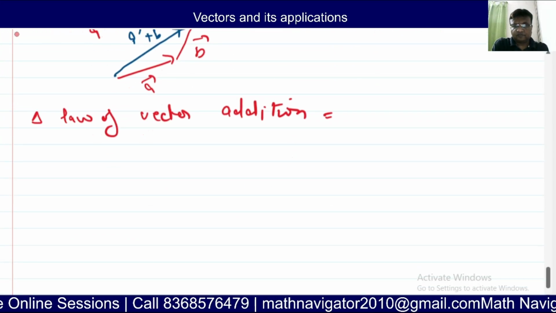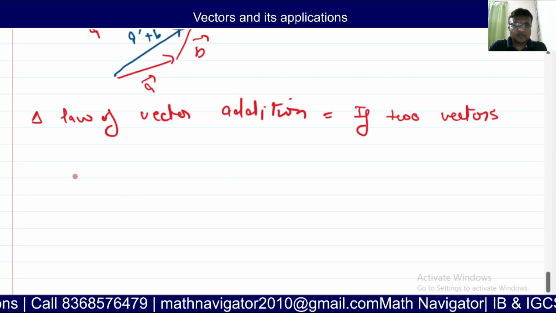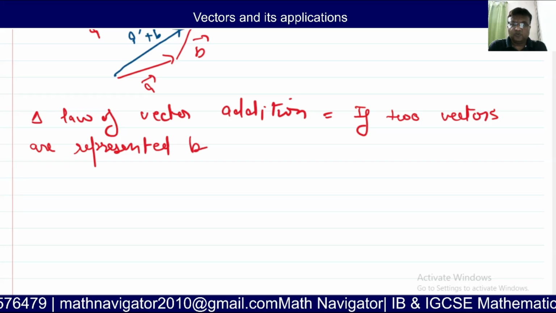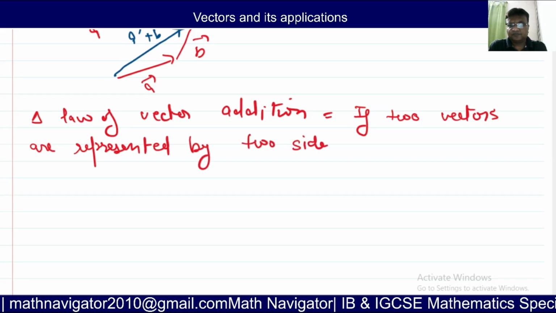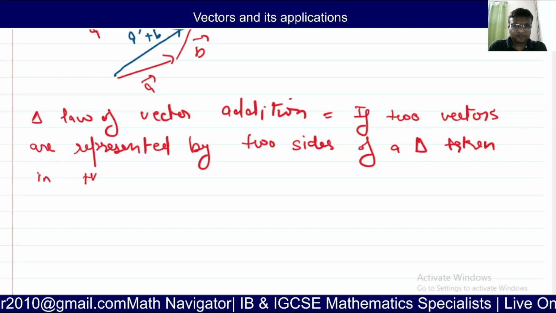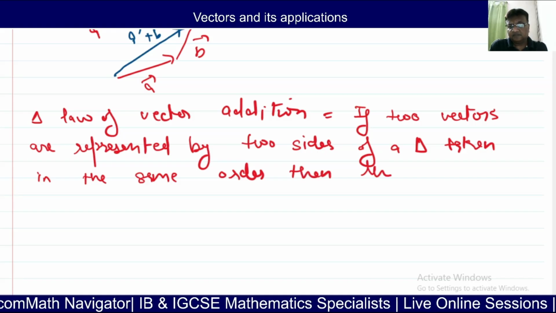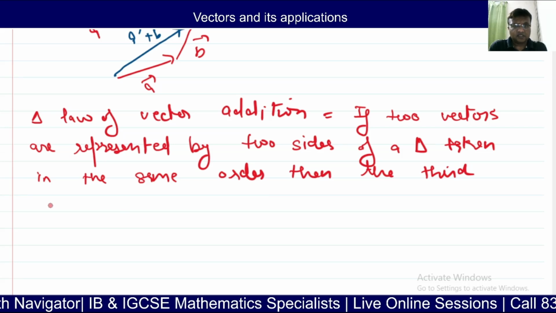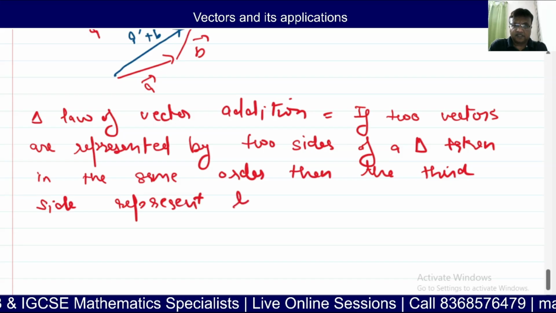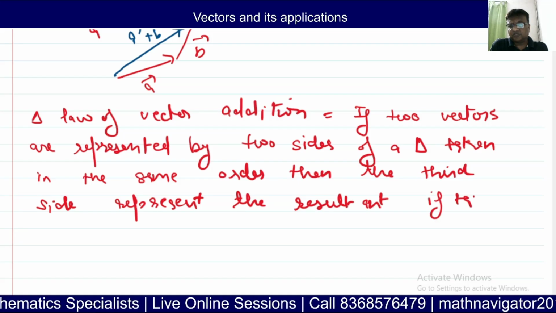Which is, if two vectors are represented by two sides of a triangle taken in the same order, then the third side represents the resultant if taken in the opposite order.